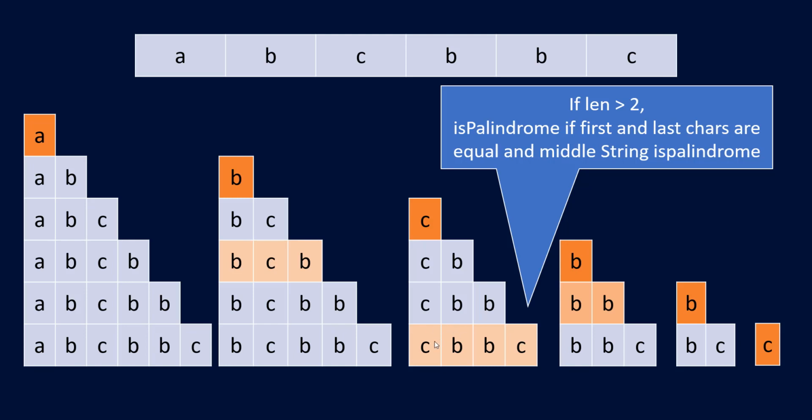Similarly with this case. So all of these strings are the palindromic substrings of the given input string, and if you count them, the number comes out to be 9, and so our answer is 9.